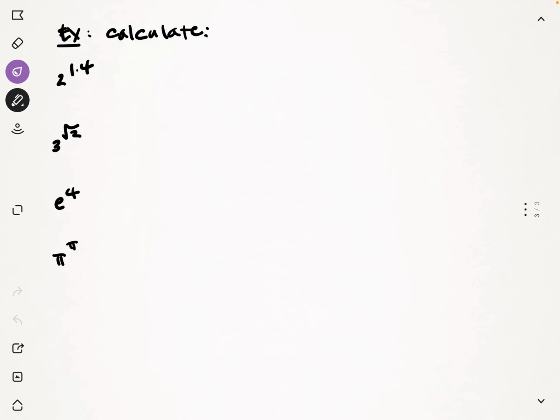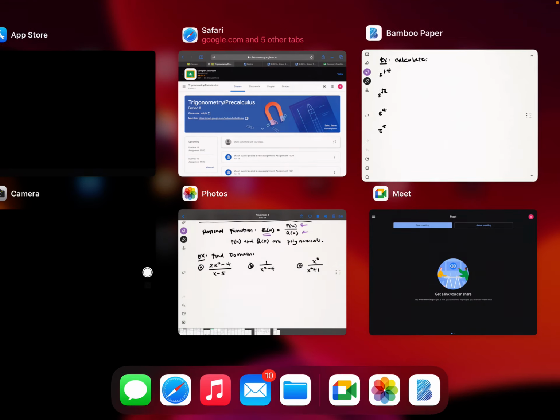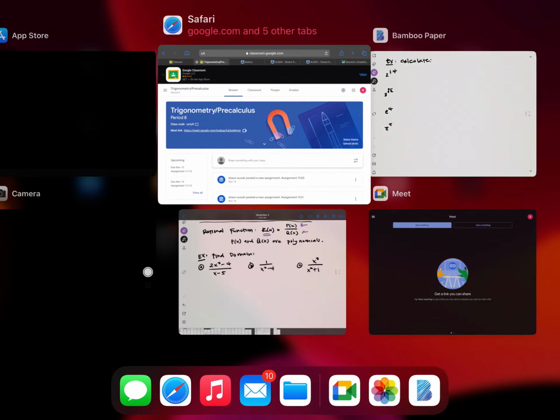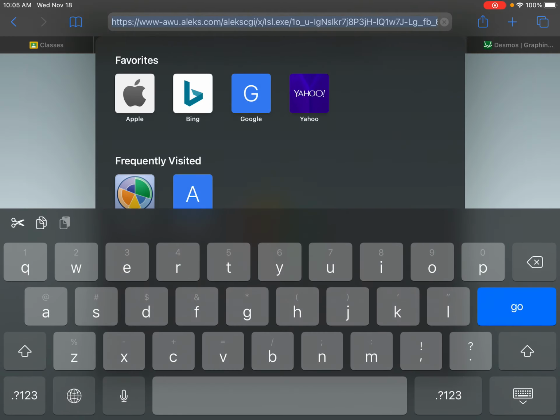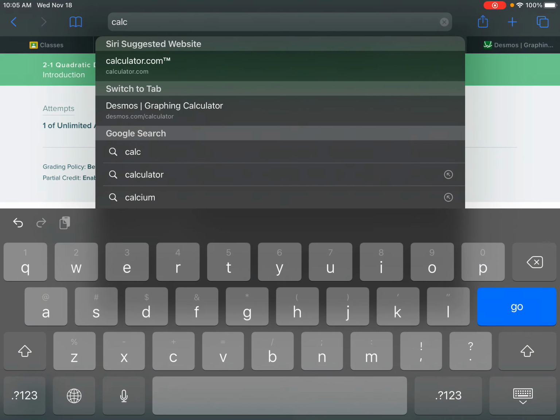Okay, the next part is we're just going to do calculations. So 2 to the 1.4. What we can do here is go to our calculator.